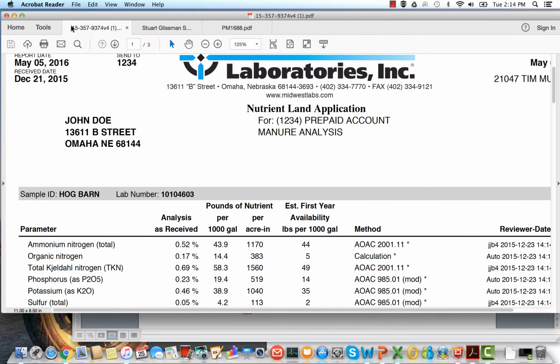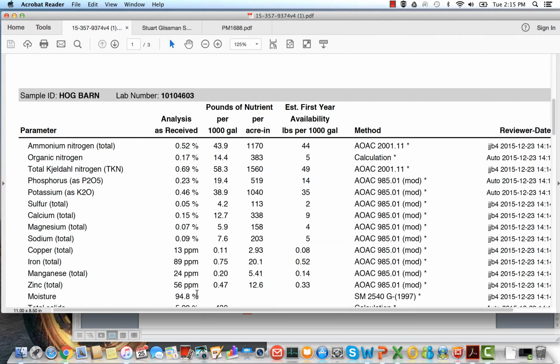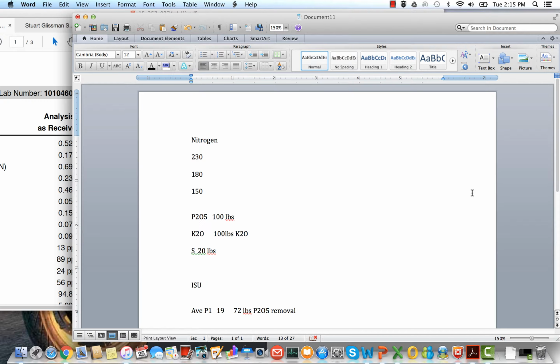To start with, this is injected liquid hog manure, again 95% moisture, coming from the hog barn. We're going to use our estimated first year availability per 1,000 gallons, and it says 49 pounds. So if I've got a 230 pound recommendation divided by 49, I get 4.69.